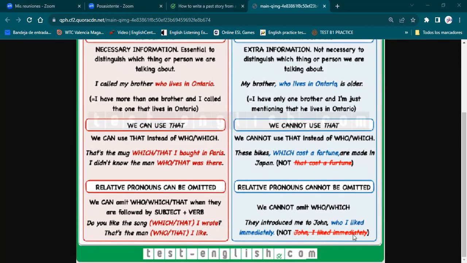Not John, I liked immediately, or John, that I liked immediately. So, non-defining, not that; defining, that. Here I can omit the who, the which, and the that. But in the non-restrictive, I cannot eliminate anything.